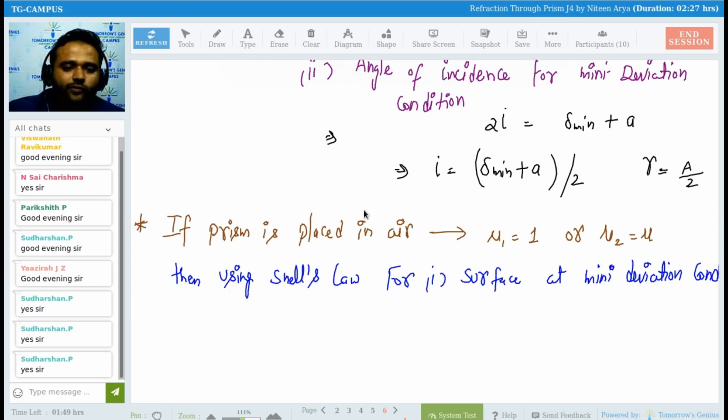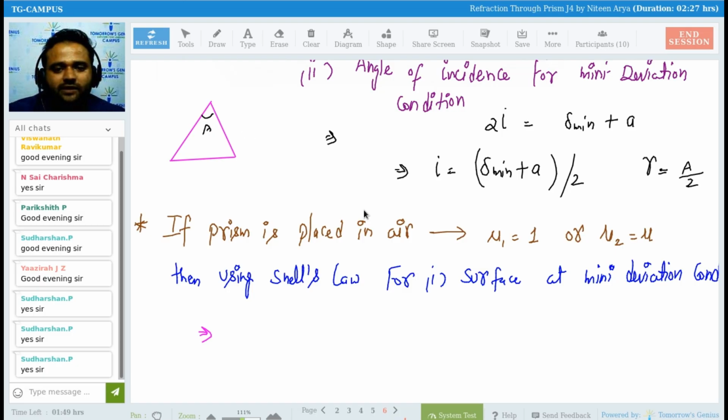Okay, so what is the minimum deviation condition? First of all, what is Snell's law at the first surface? If it is a prism, so this is your angle of prism.